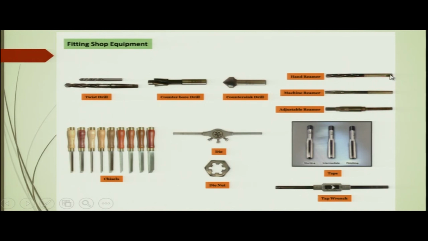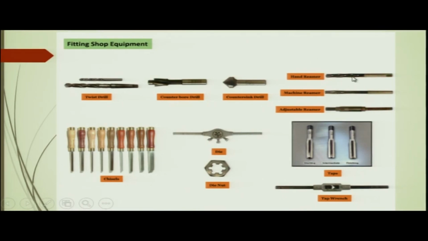This square part will fit in here, and with the help of this tap wrench, the hand reamer will be held here and can be used for reaming the hole by hand.